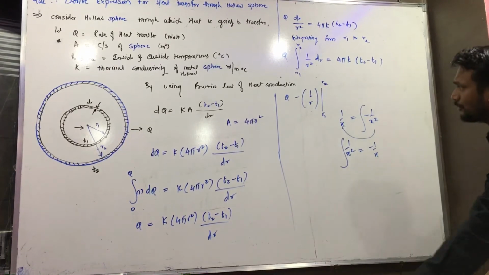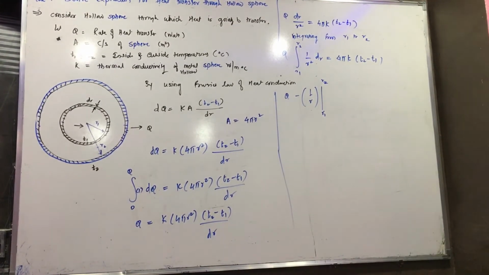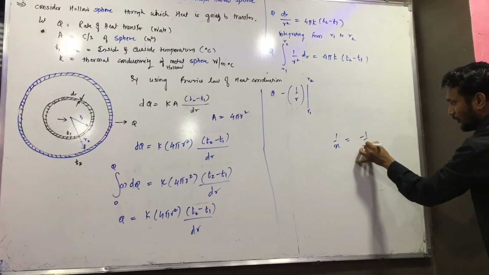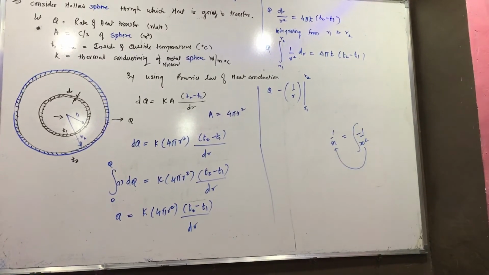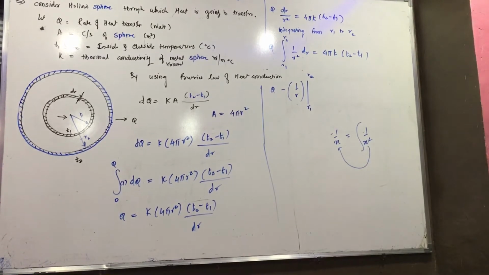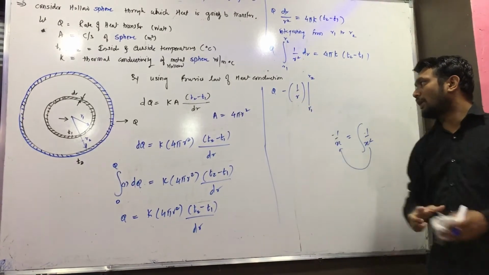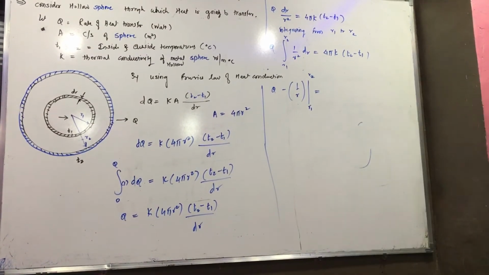You must understand the logic of solving this integration. Once again, the derivative of 1 upon x is minus 1 upon x square, so the integration of 1 upon x square is minus 1 upon x, and we keep that minus sign, giving minus 1 upon r from r1 to r2. In this way we have solved the integration.